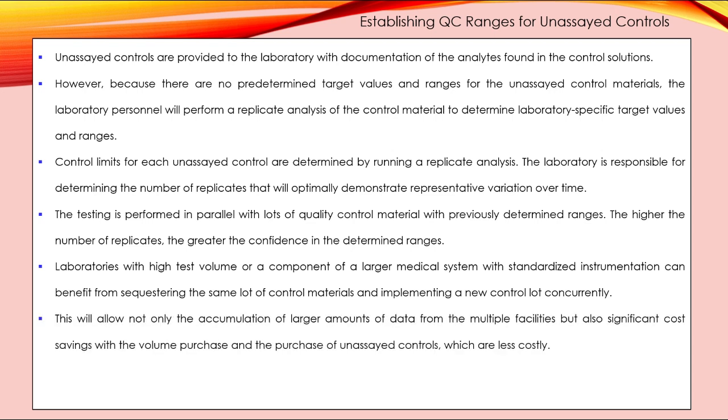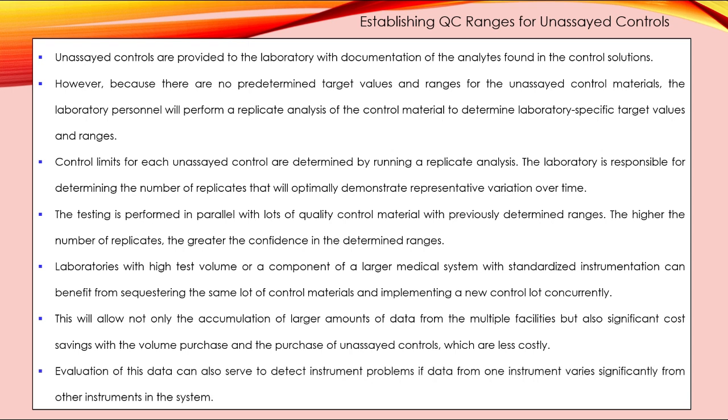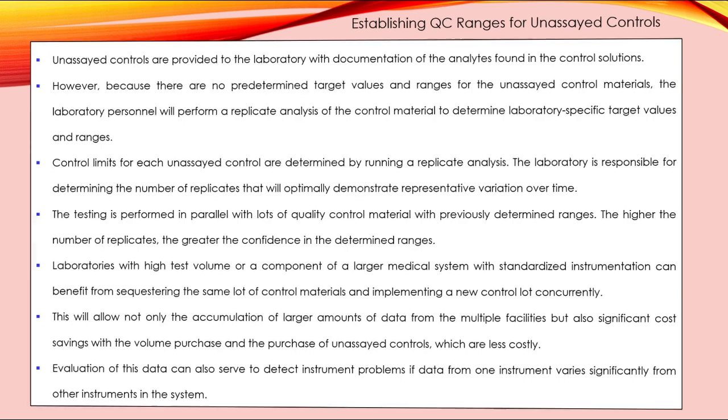This will allow not only the accumulation of larger amounts of data from the multiple facilities, but also significant cost savings with the volume purchase and the purchase of unassayed controls, which are less costly. Evaluation of this data can also serve to detect instrument problems if data from one instrument varies significantly from other instruments in the system.